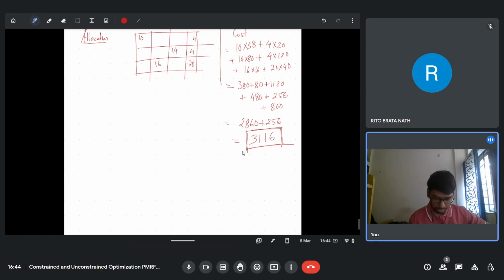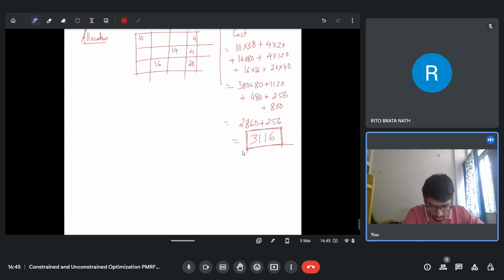Vogel's approximation method, the optimality criteria and how you check and solve it, the UV method, and also the job scheduling problem part, I'll be discussing in the next lecture. And from next week, the MEMS part will start with the nonlinear optimization portion. I'll probably talk about it briefly in the next class as well.